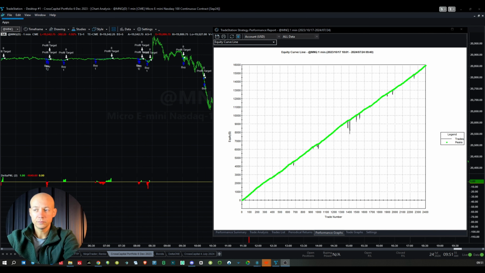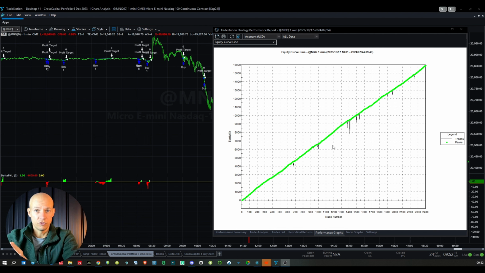You can see, look at this equity curve. This thing is buying the dips. Every time there's a bit of a pullback, it buys, takes a small profit, and it averages in to get a better price. But it's not taking losses, and it's carrying positions overnight. You can see a nice uptrend, just taking profits.